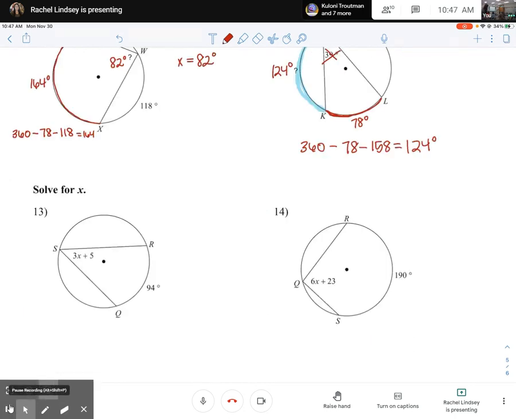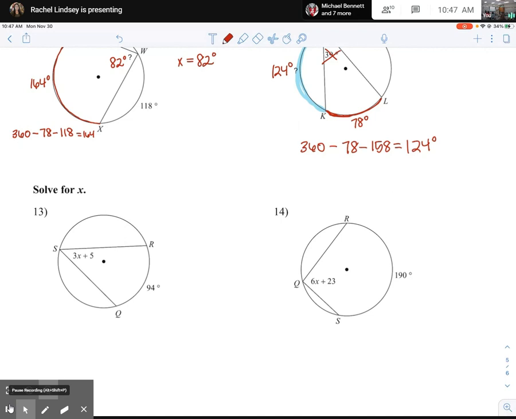Then number 13. So if I want to find out what that angle equals, I've got to find what this angle equals first. I'm going to do arc divided by 2, right? Yes. So 94 divided by 2 gives me what? 47.